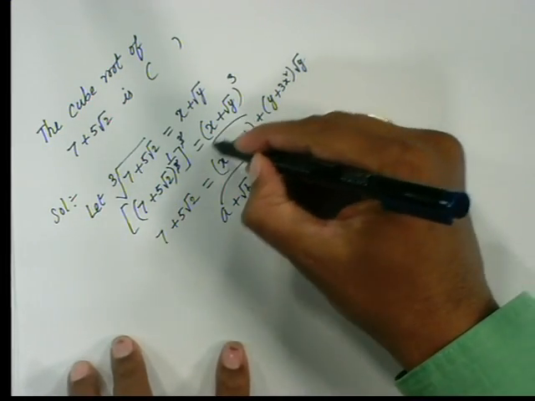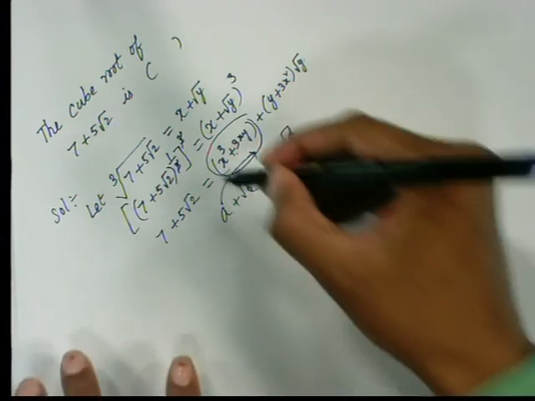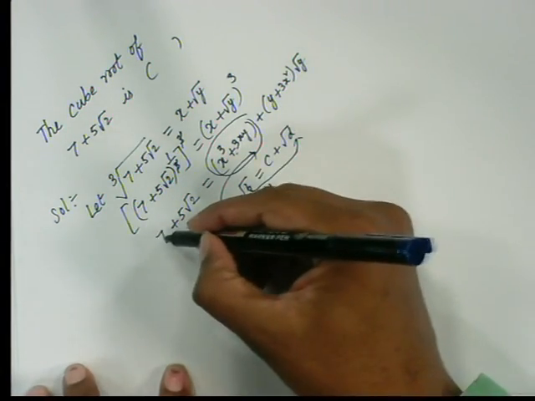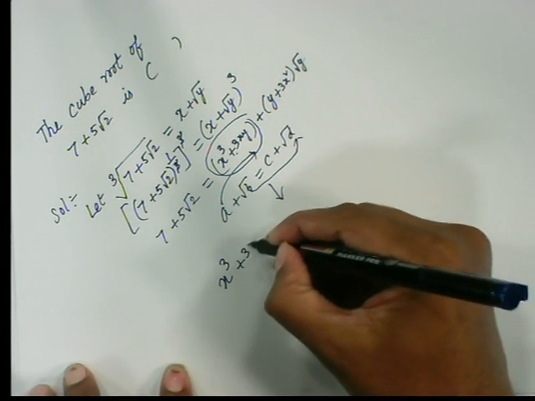But regarding this problem, better you concentrate only on the rational part. Always remember, in order to find x and y, just concentrate on x cube plus 3xy only. This x cube plus 3xy is equal to 7.